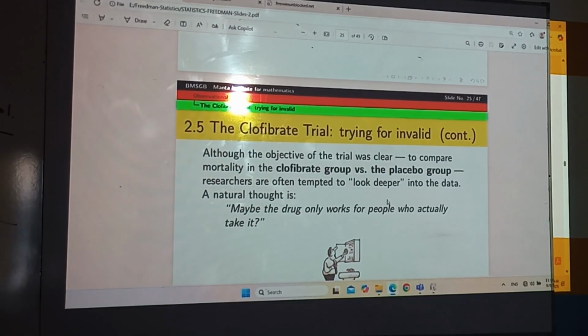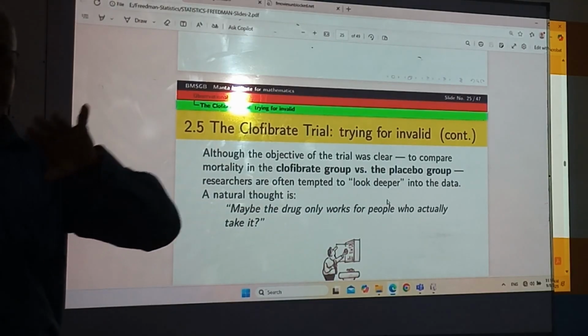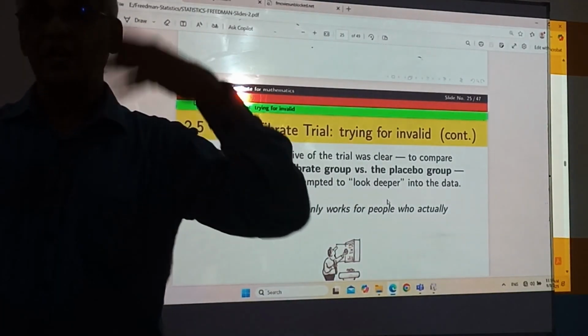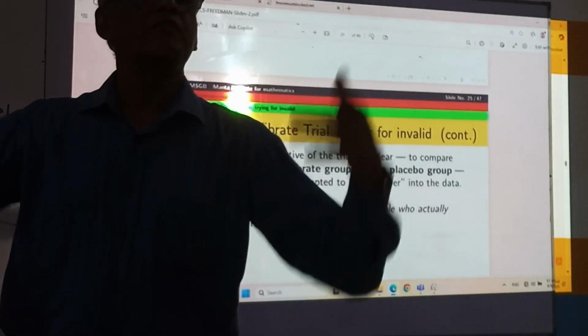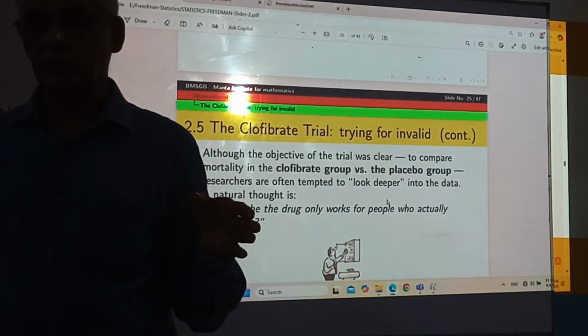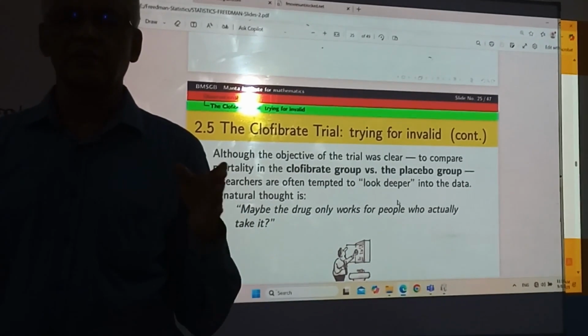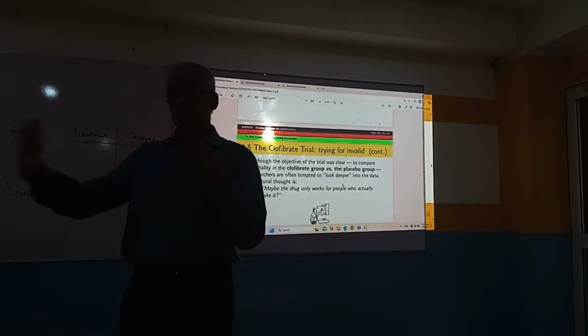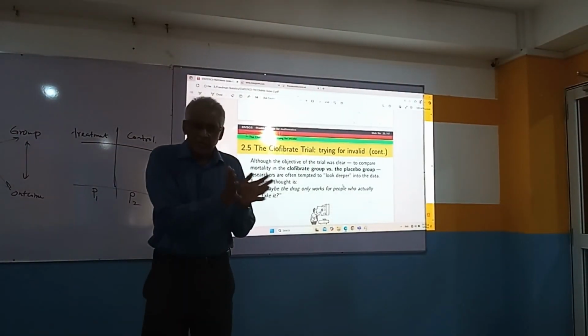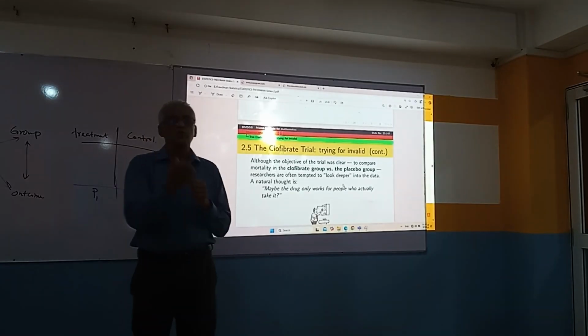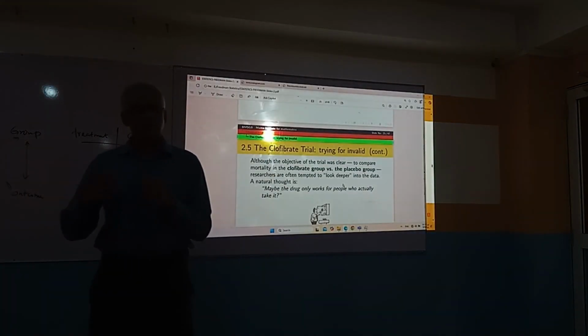Right? But now, earlier, the treatment group and the control group were randomly divided into 2 groups, right? Patients with a heart attack were randomly divided into 2 groups, and then the treatment group was randomly chosen, and the other group was given the placebo.